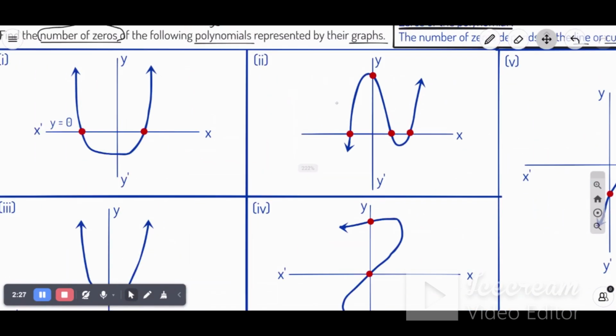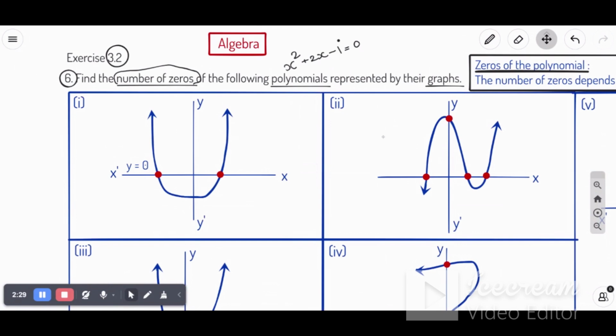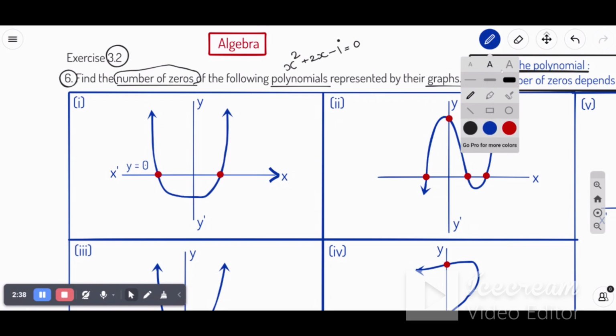Here they have asked to find the number of zeros of the polynomial represented by the graph. As we know, number of zeros means we have to see only our x-axis. Here we have got 2 points and both are intersecting the x-axis.